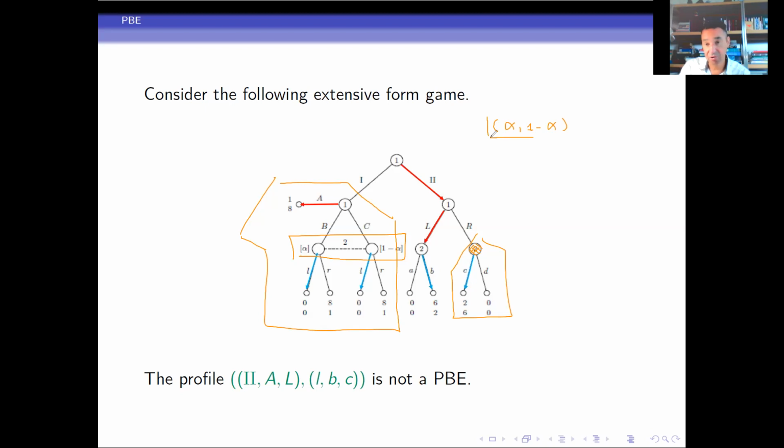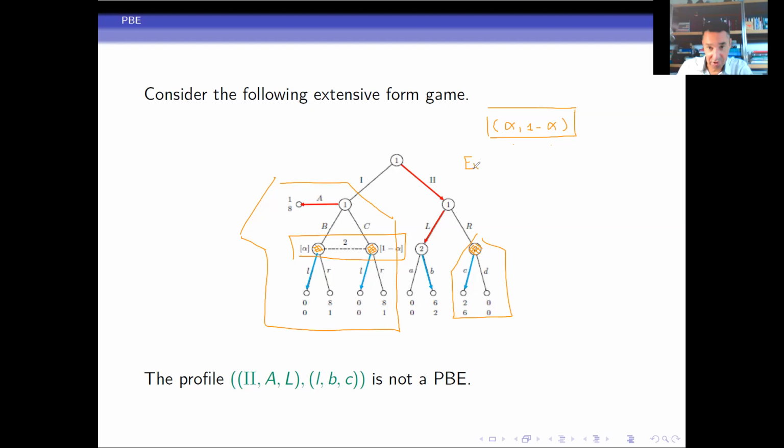But in non-singleton information sets, you cannot directly maximize expected payoffs. So you have to have a probability distribution over these nodes. You have to say with what probability you think you are in this node, and with what probability you think you are in that node. And once you have specified those numbers, the alpha and the 1 minus alpha, you can compute expected payoffs.